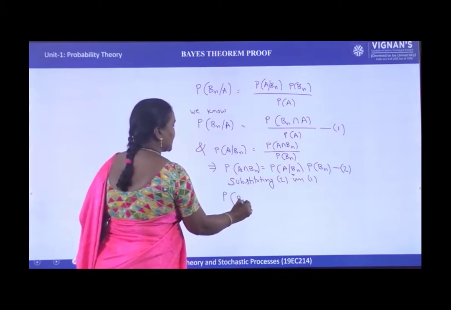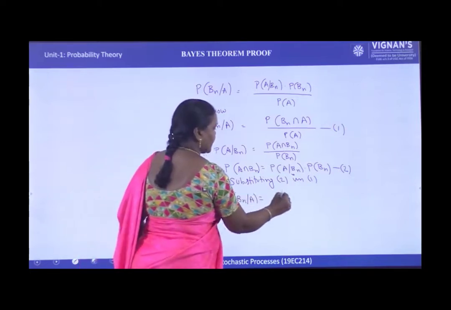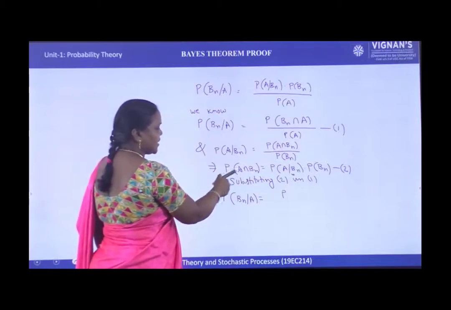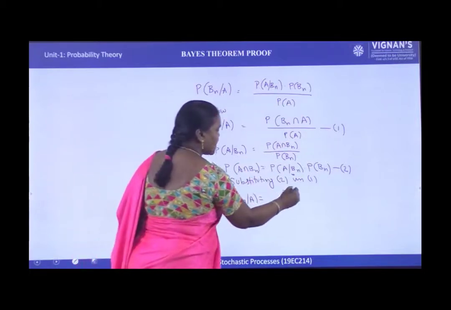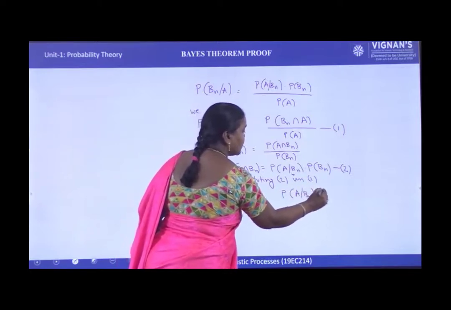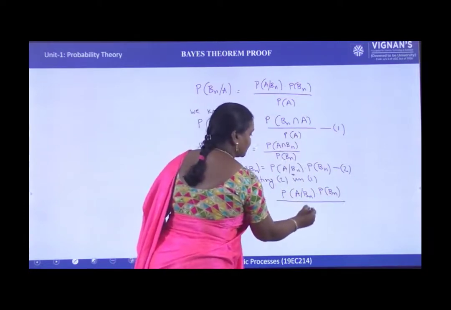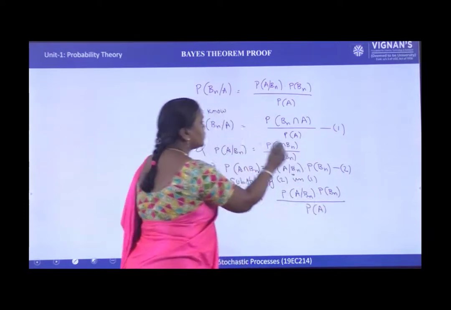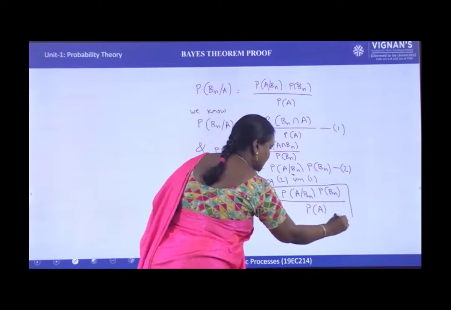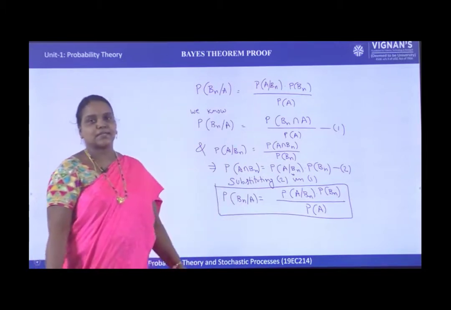P of Bn by A is equal to, in the place of Bn intersection A, I can write P of A by Bn into P of Bn, by P of A. So this is what you need to prove, right? And here P of A is nothing but the total probability of A, what we have seen in the last class.